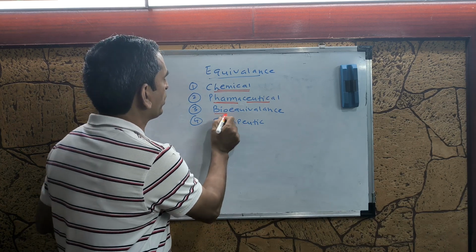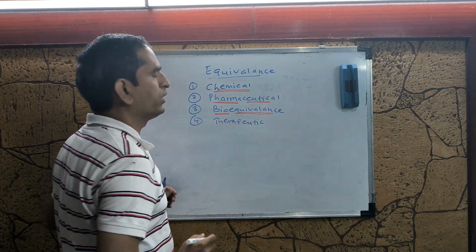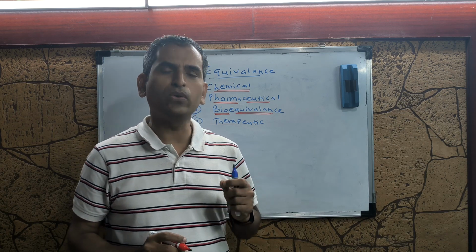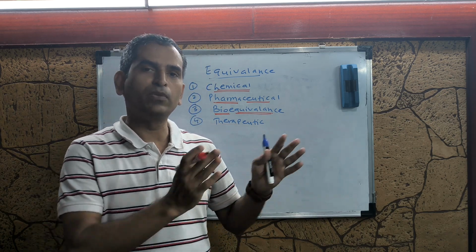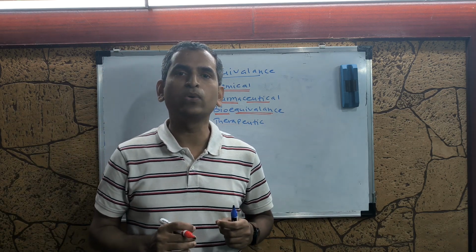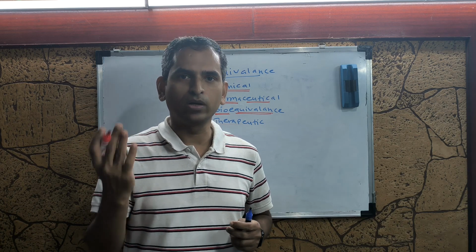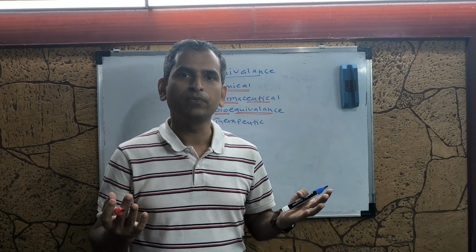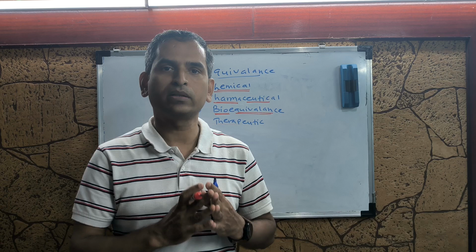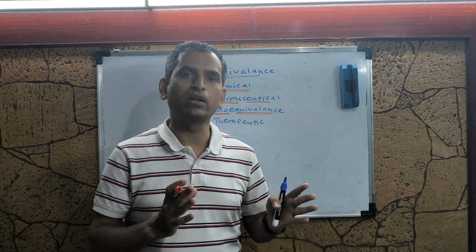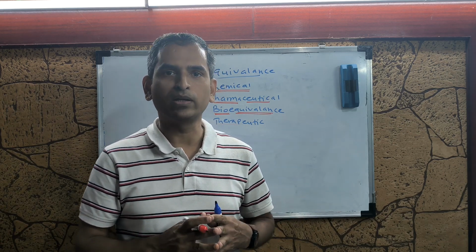The third type of equivalence is called bioequivalence. Now in bioequivalence, in the previous video we have spoken about bioavailability. Now drug A and drug B, if their bioavailability is the same, then drug A and drug B are called bioequivalent.